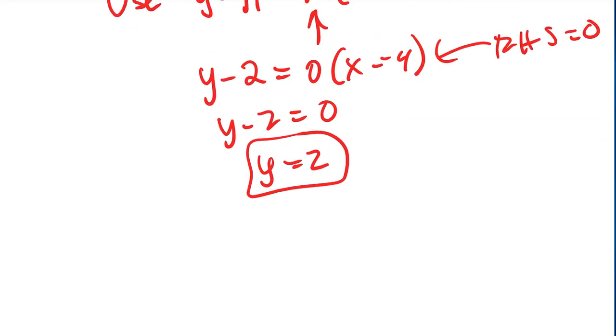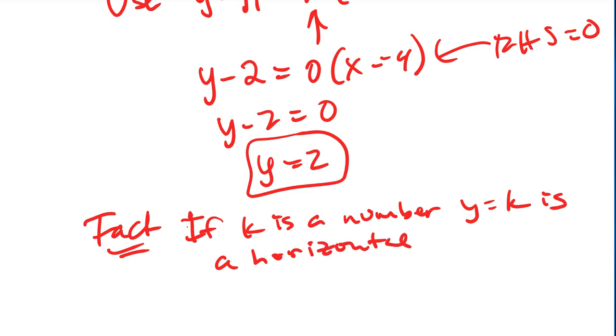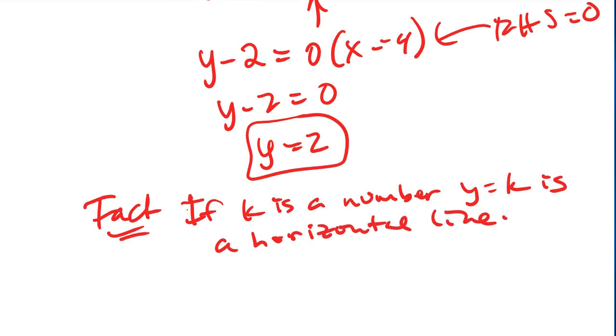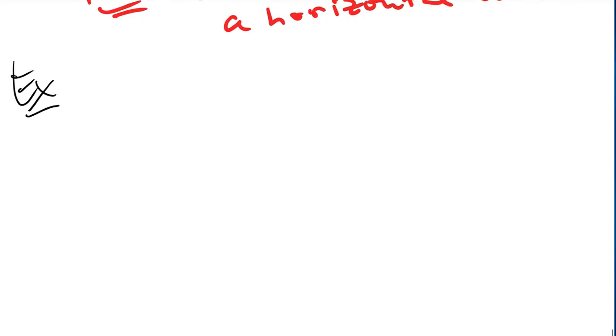Now, here's a little fact. If k is a number, it's a letter, but suppose it's a number, y equals k is a horizontal line. Okay? All right, now let's do another example that you might see in the homework, and also maybe on one of my tests.